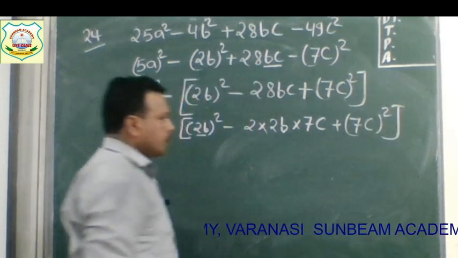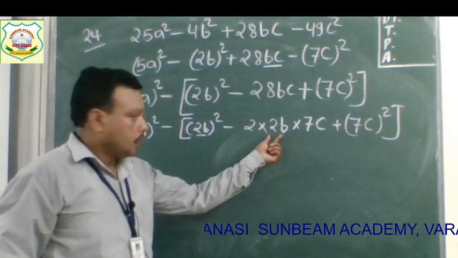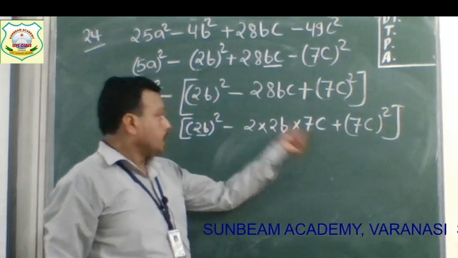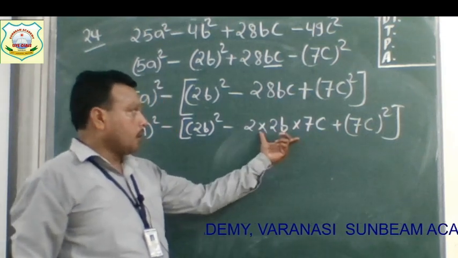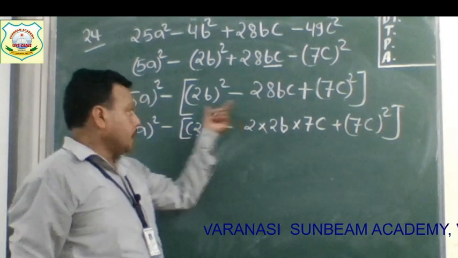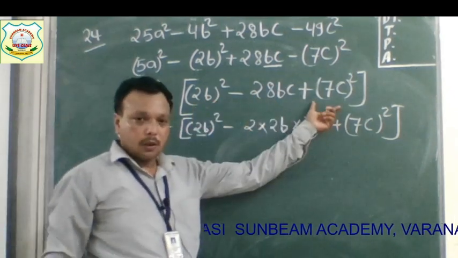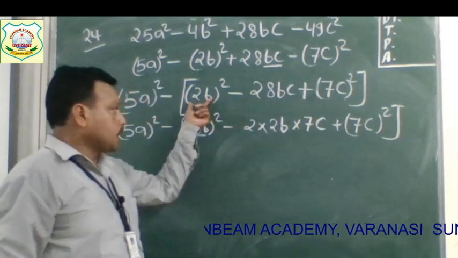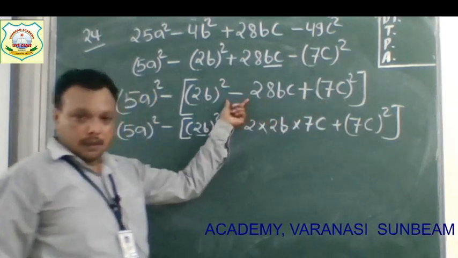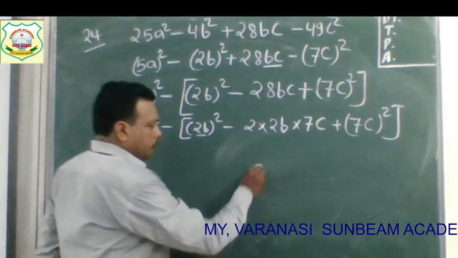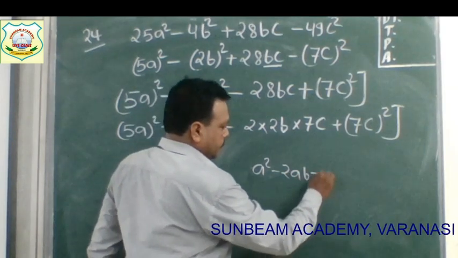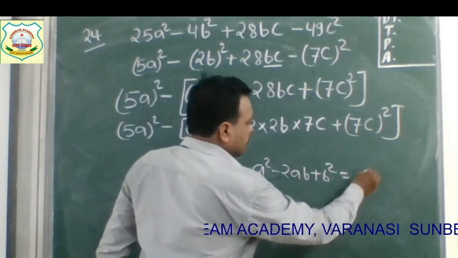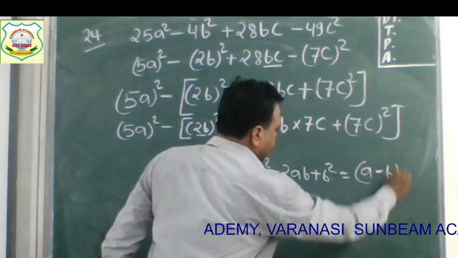Students, we can see here 2 times 2 is 4 and 4 times 7 is 28, 28 bc. So now we have got 2ab and a square, that is b square. So we have got the format of a square plus b square minus 2ab, which is a square minus 2ab plus b square, and that is a minus b whole square.